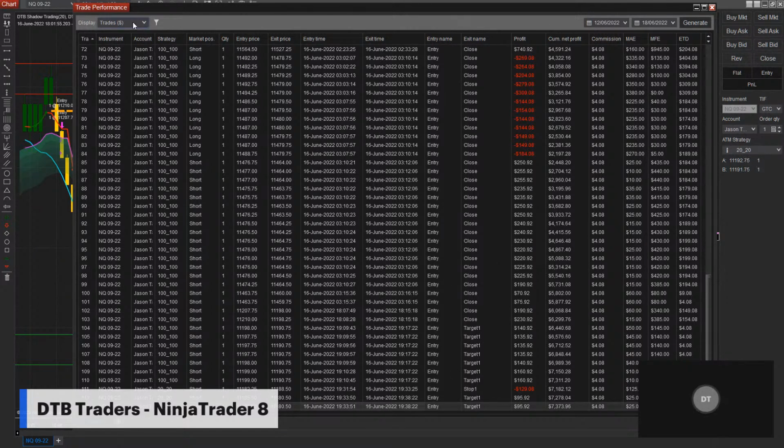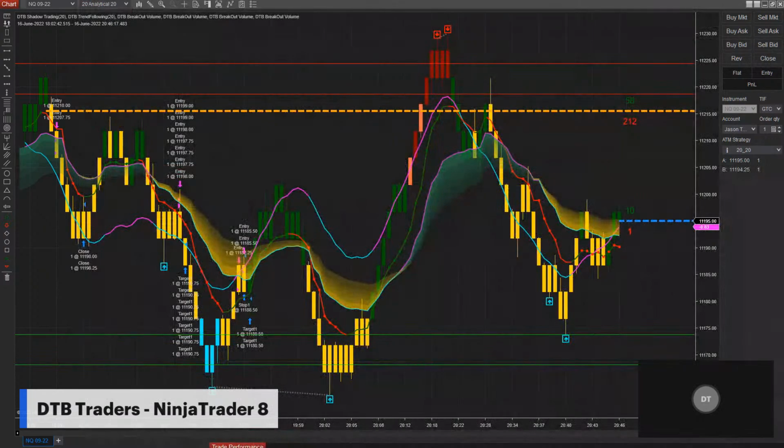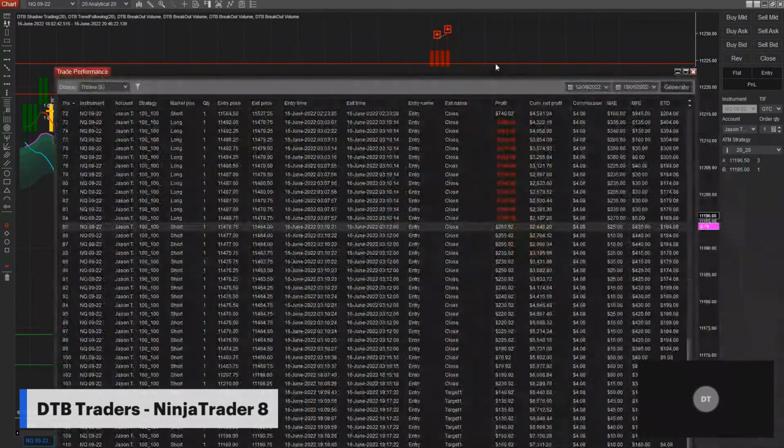Now, it's very handy to look at the trade performance once you have scalped this chart, because you are able to see how effective your entries have been. If you look at your specific entries, I have an ATM attached, but I don't always let the price touch my target. I will exit the entries based on what's happening on the signal chart.